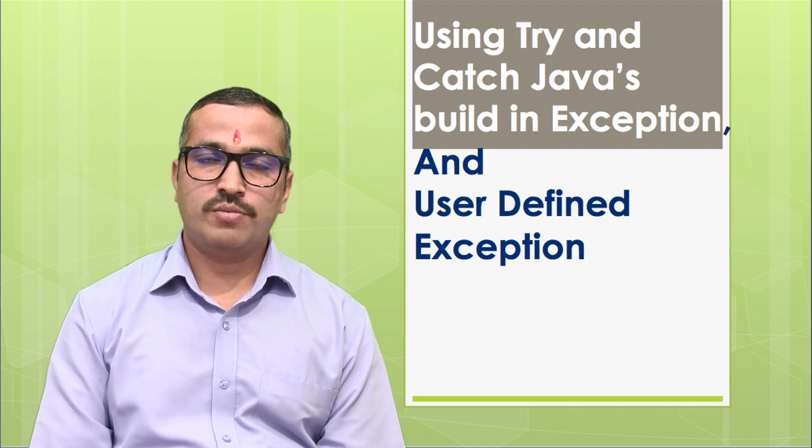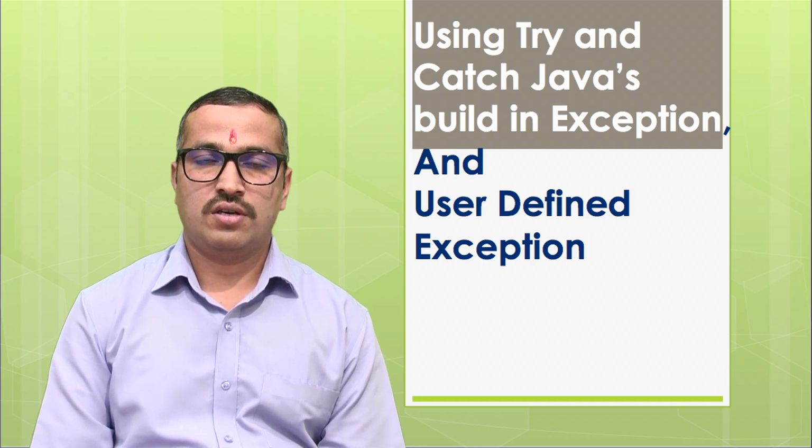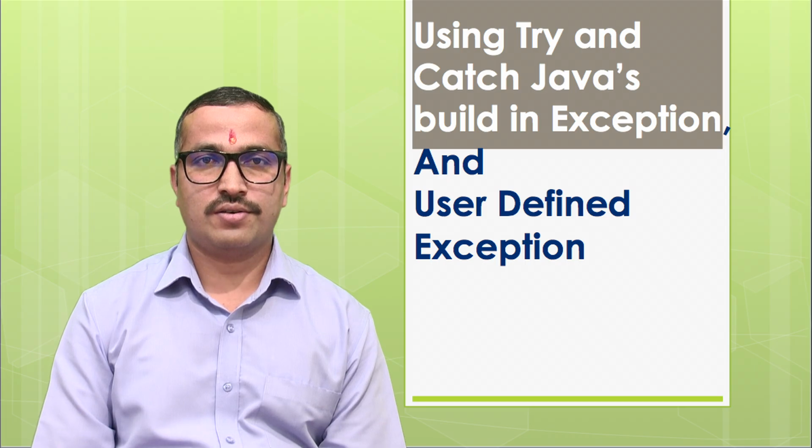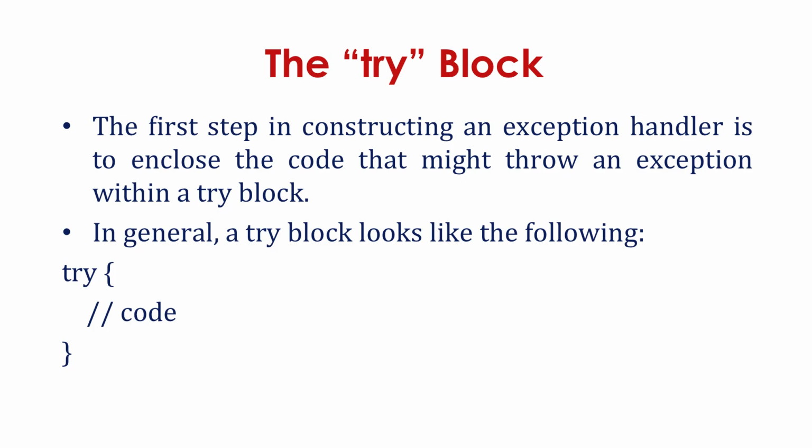The basic information about try and catch block we have already shared with you in our last lecture. The first step in constructing an exceptional handler is to enclose the code that might throw an exception within a try block.